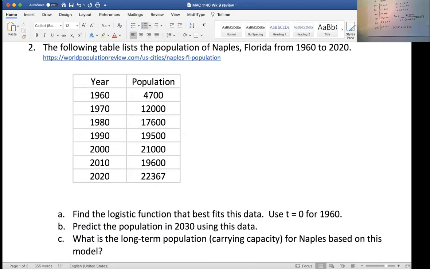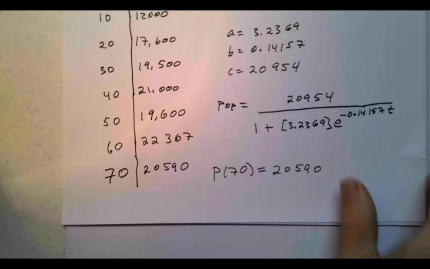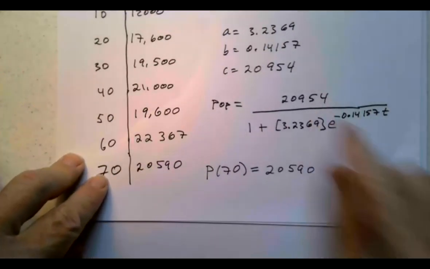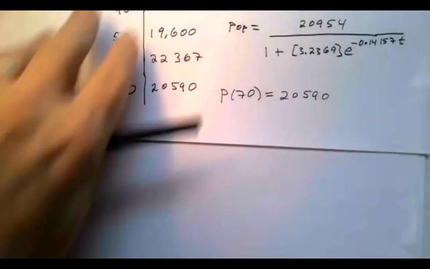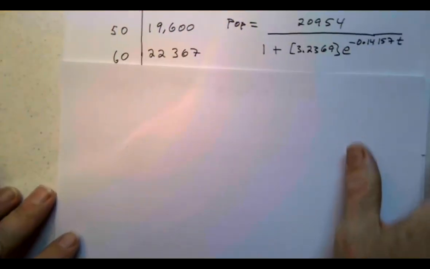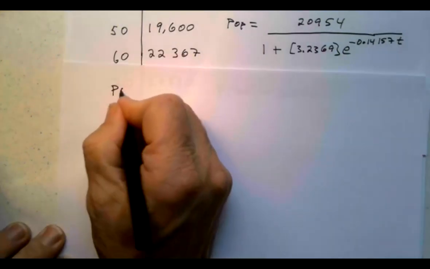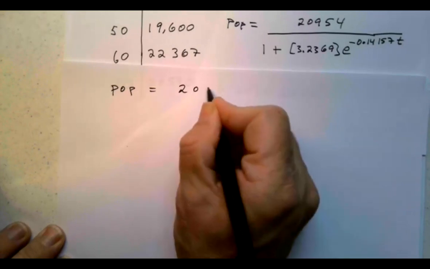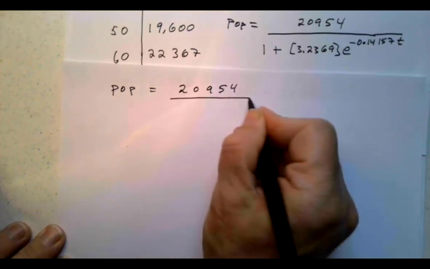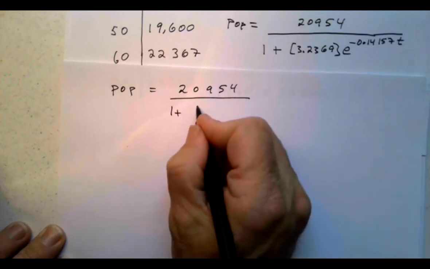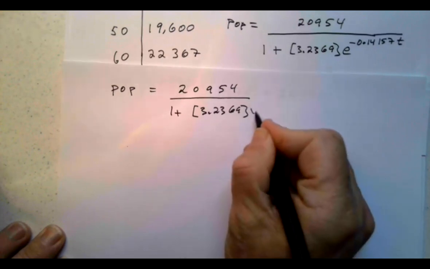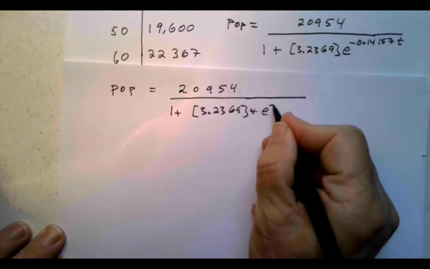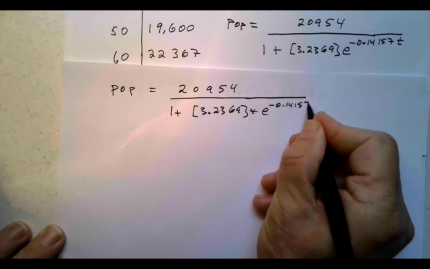Well, you'll look to see as t gets large, what's going to happen. So we have this function here, which I'll write down again. Pop is 20,954 divided by 1 plus 3.2369 times e to the negative 0.14157 t.